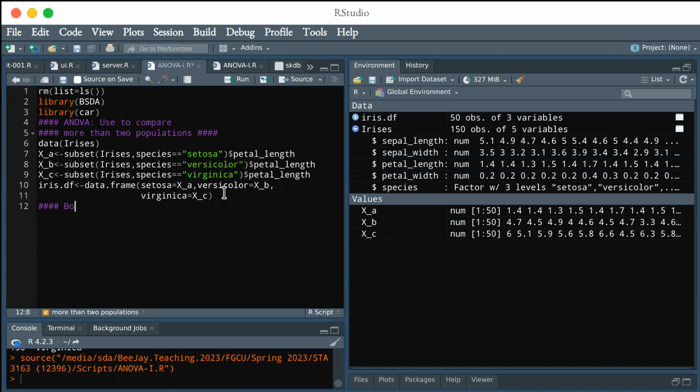Box plot. Can we put purple as one of the colors? Sure. It's like a purple flower.